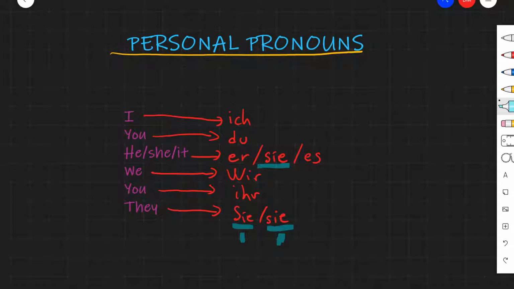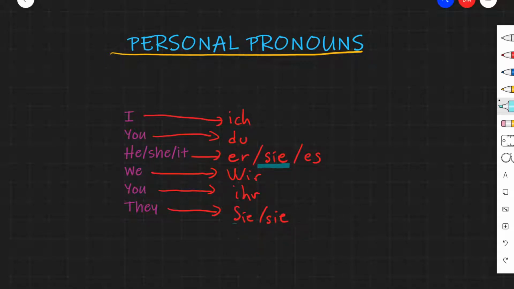But the difference is that one is uppercase and the other is lowercase, which makes the difference if it is multiple persons somewhere far away, they, sie, and if it is just one person that you are trying to talk to respectfully, so that person is in a higher positional hierarchy than you, or elder than you, then you use Sie with uppercase S. That is the only difference.